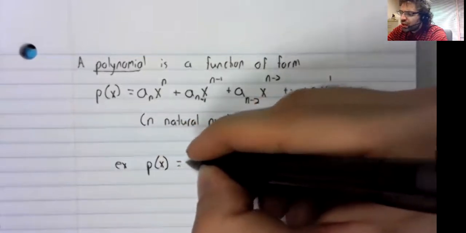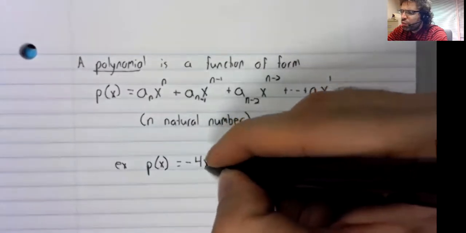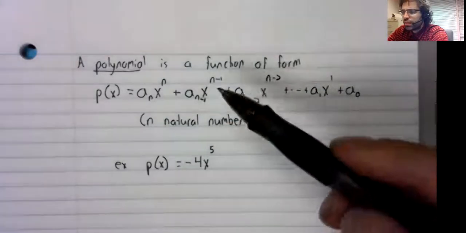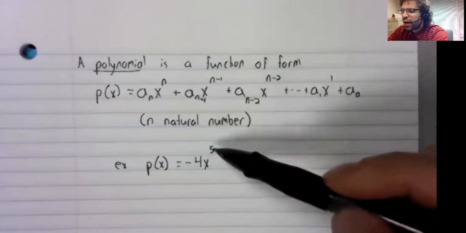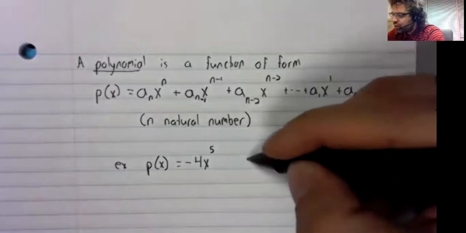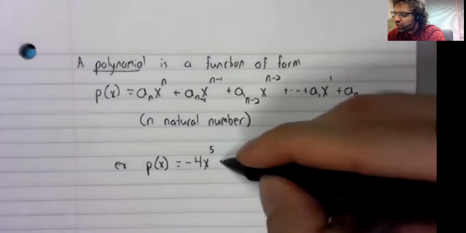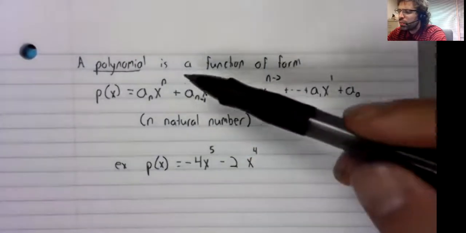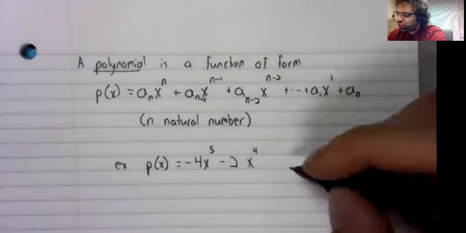Let's say we have as our first term negative 4x to the 5th. So here n is 5. N minus 1 will be 4. So we can have some x to the 4th term. N minus 2 is 3.